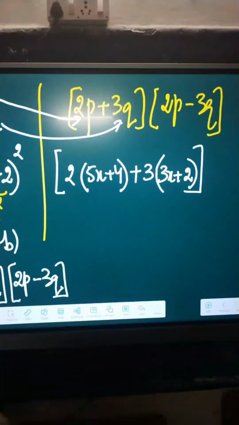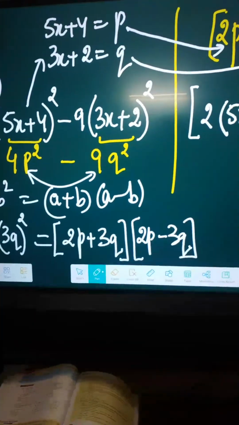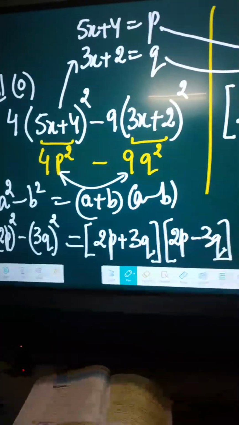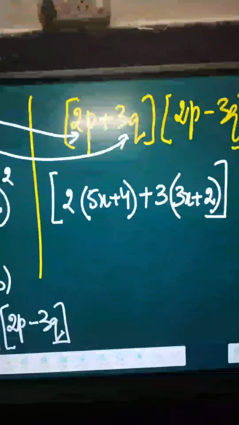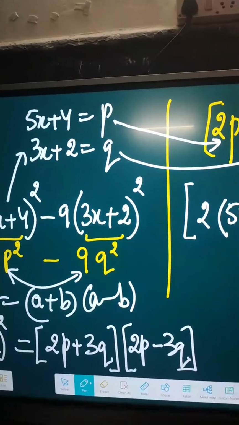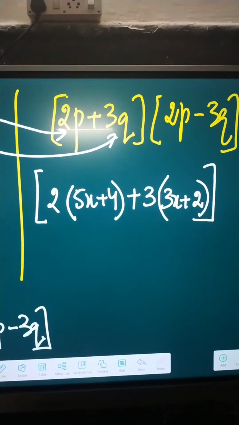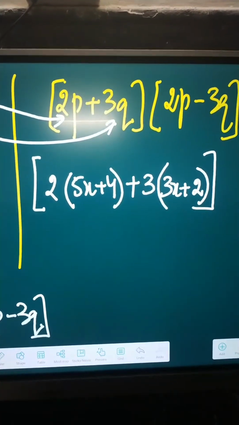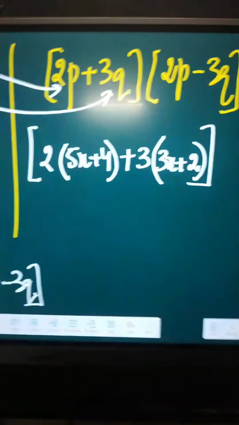Now see this working. 2p plus 3q and 2p minus 3q came with this. See this working again. Now what did I do? I have taken 2p plus 3q. Now p was taken as 5x plus 4. Q was taken as 3x plus 2. So replace the value back. It will become 2 into p, which means 2 into 5x plus 4, and 3 into 3x plus 2.